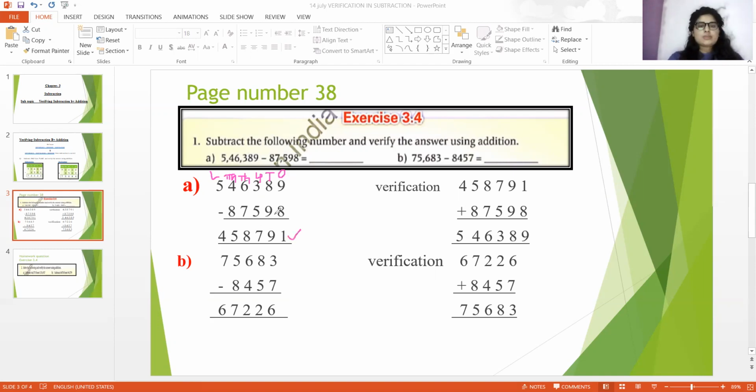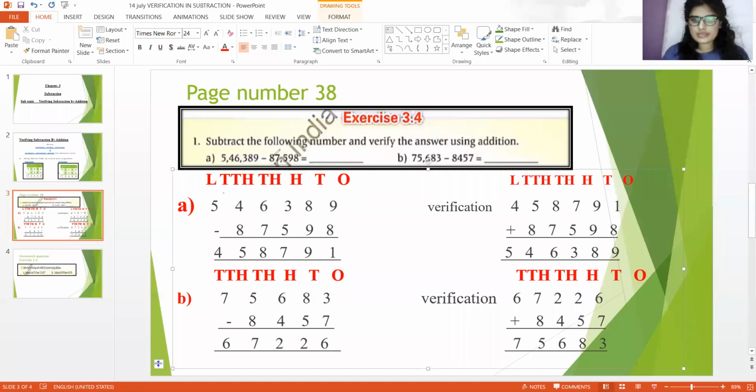Now at the tens place I can see at the first number I have 8 and at the second number I have 9. So I know I cannot take away 9 from 8. That means I need to take a carry over here. Let's start.